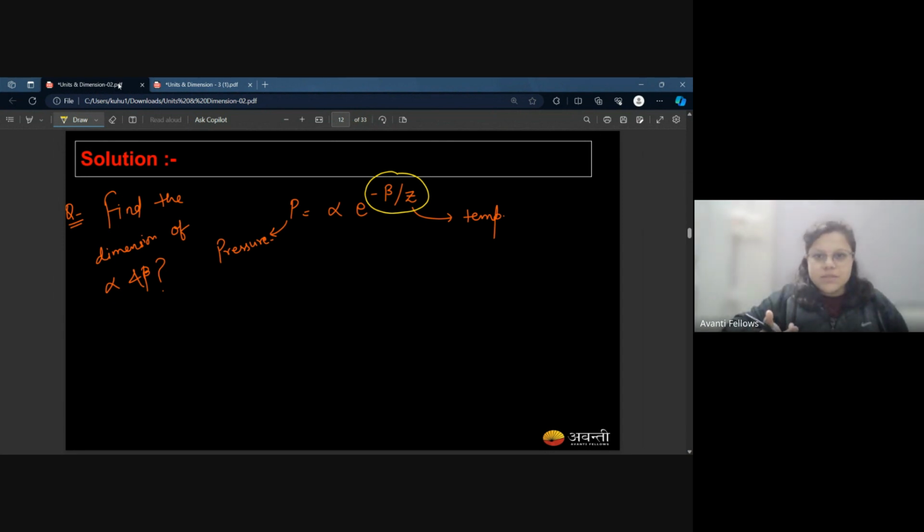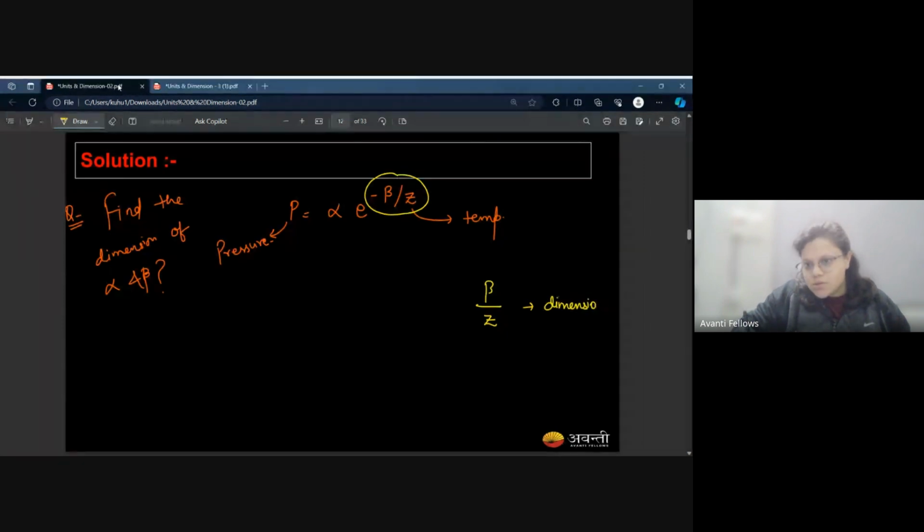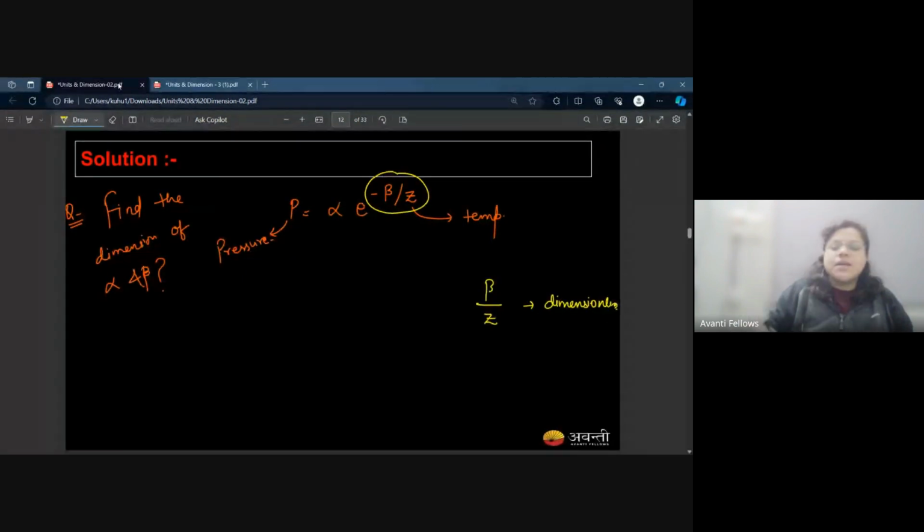The exponents are supposed to be dimensionless, unitless. So beta by Z has to be dimensionless. Since Z is temperature, in order to make this entire expression dimensionless, beta is temperature inverse. It means theta inverse. This is the dimension of beta.